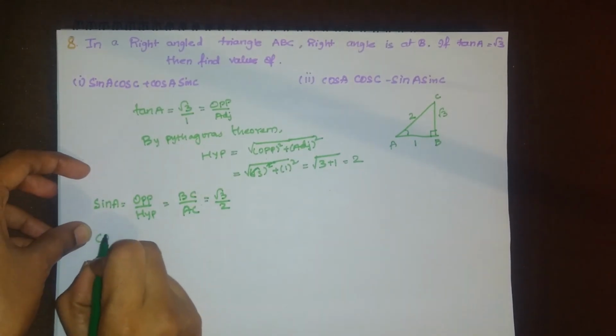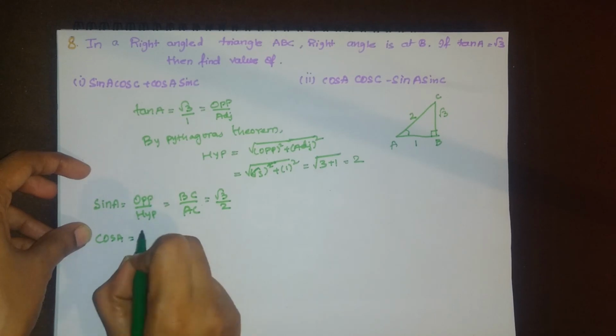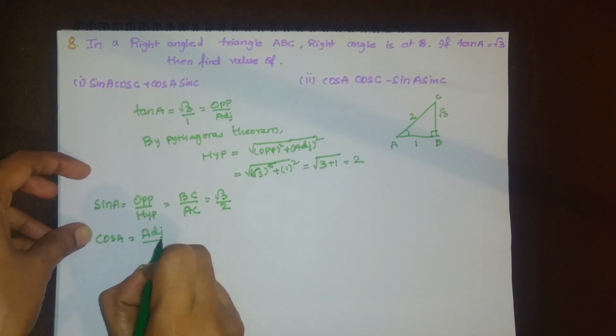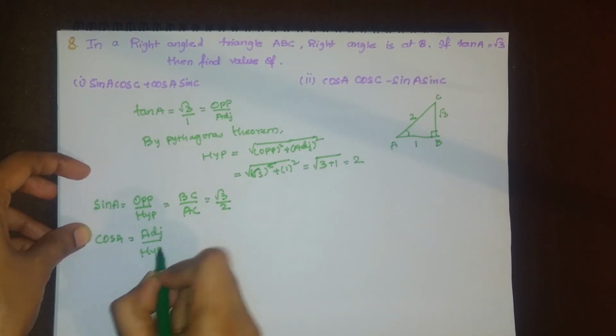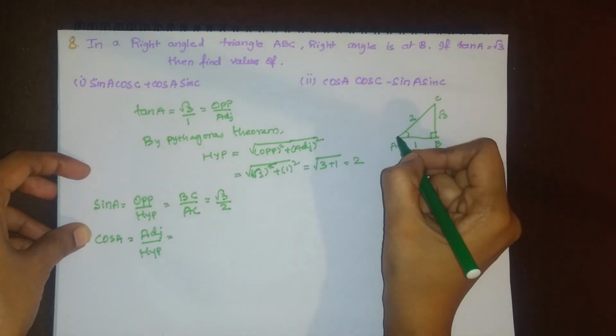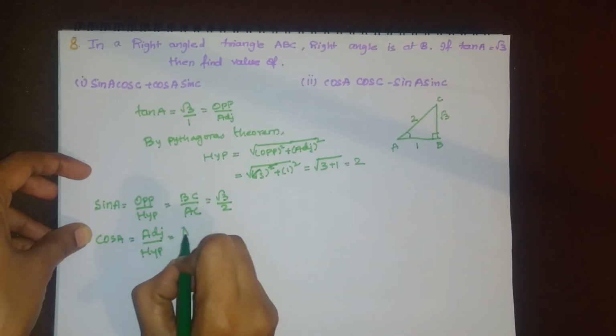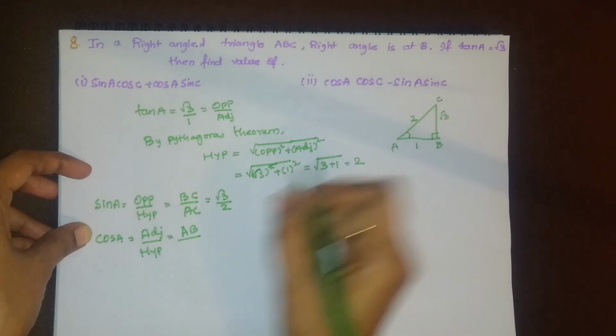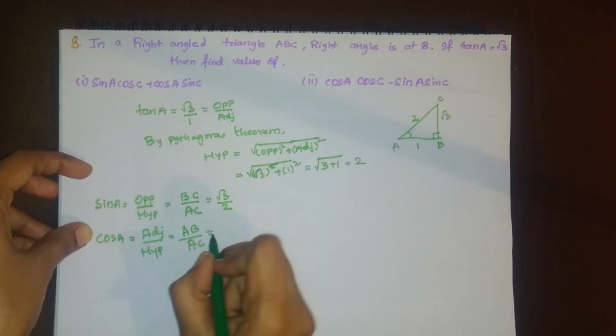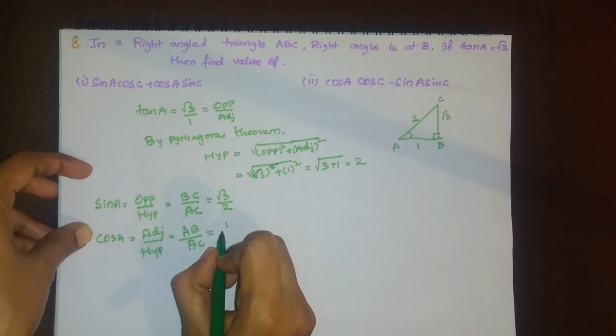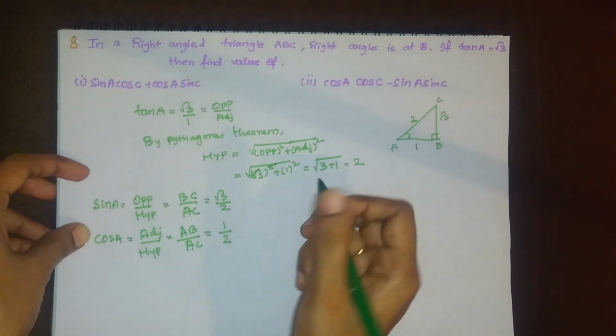And what is cos A? Adjacent divided by hypotenuse. What is adjacent to angle A? It is AB divided by hypotenuse AC. AB is equal to 1 divided by AC is 2.